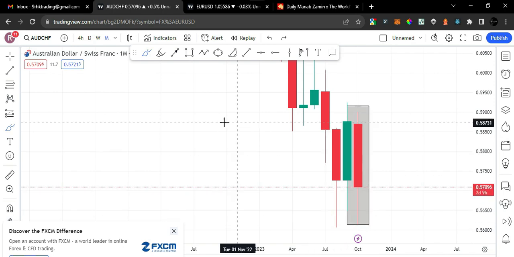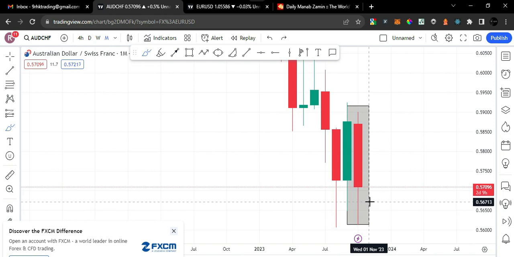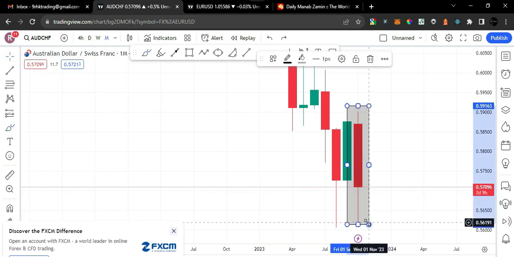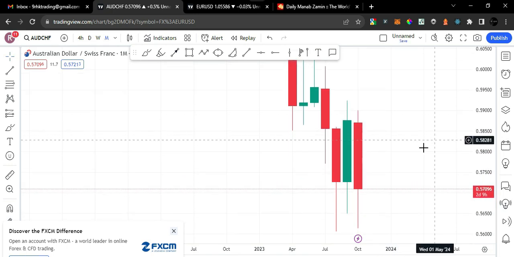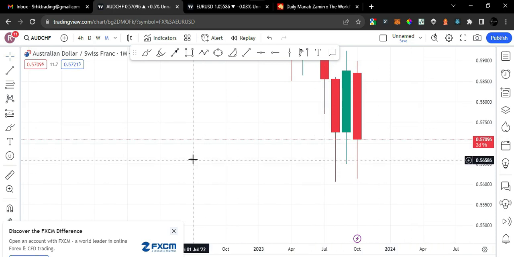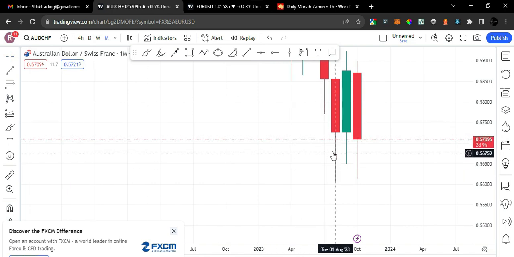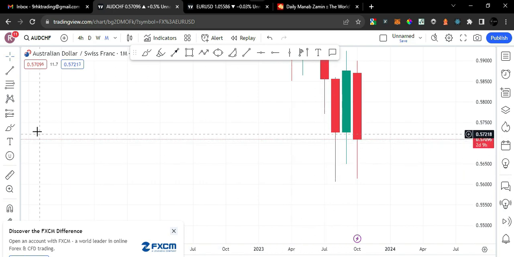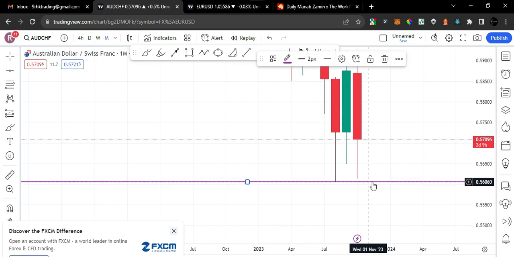Another significant thing we can see in this month is that it has not broken the downward shadow of August. If we measure it, we can see it very clearly.